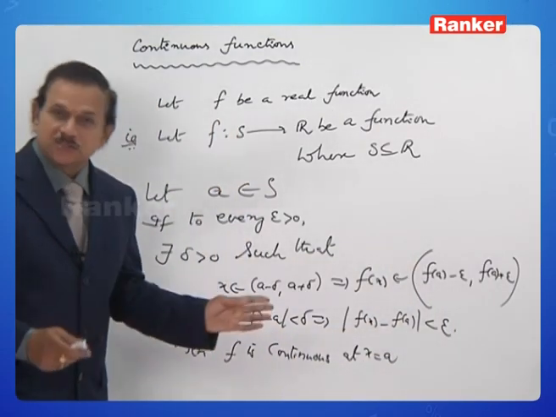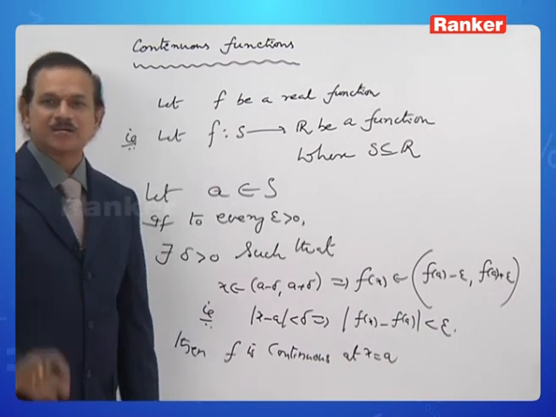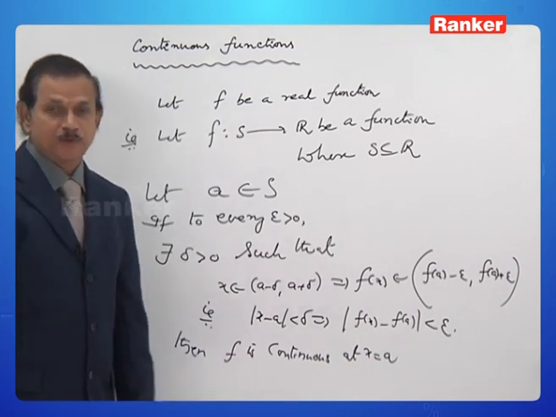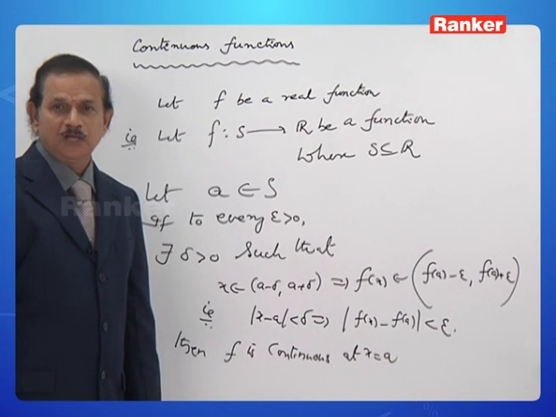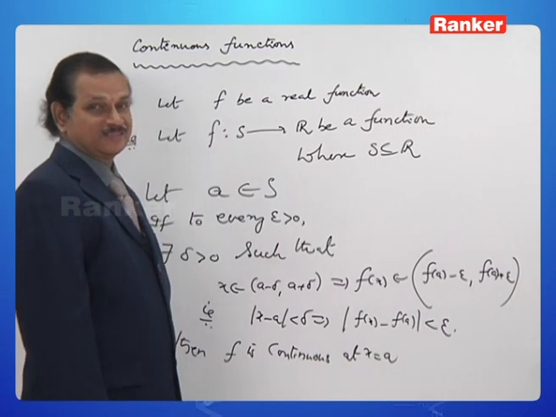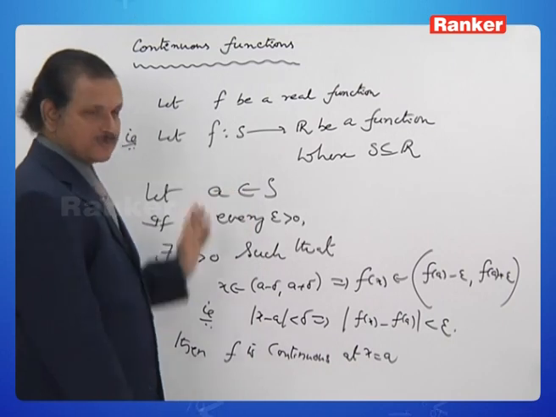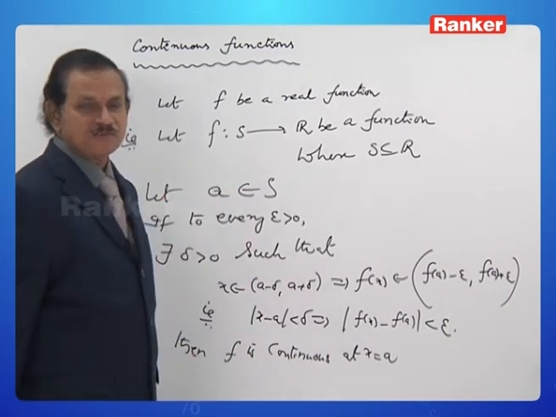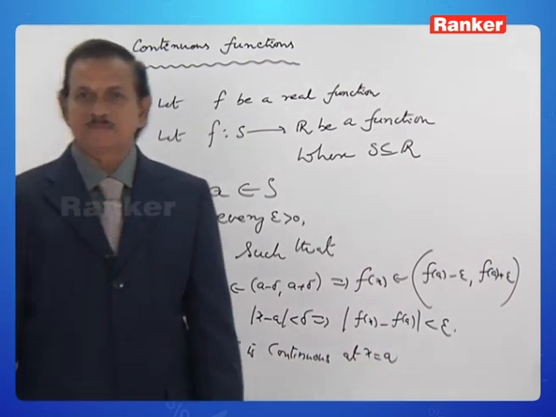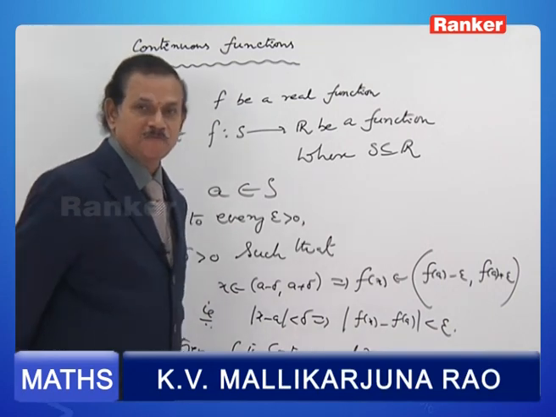So this sentence reveals that the continuity of f is a local character at a point A of the domain. It must be a point of the domain first of all. If to every epsilon greater than 0, which are supposed to be very, very small positive real numbers, there exists a delta such that x belongs to (A minus delta, A plus delta) implies f of x belongs to (f of A minus epsilon, f of A plus epsilon).